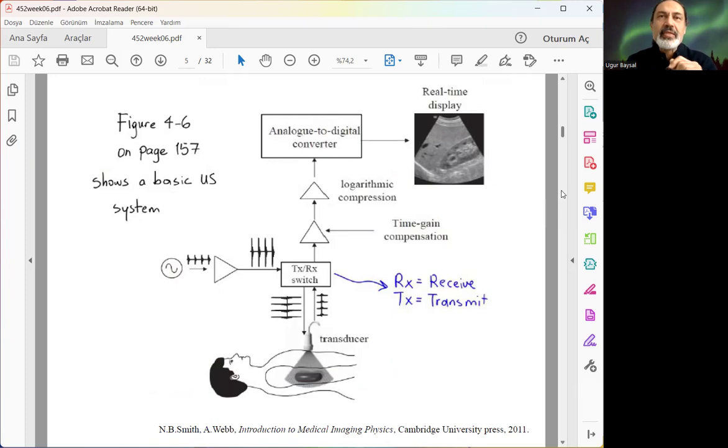If you look at the system's electronic components, you see the patient is at the bottom of this slide and the probe is touching the body. A special ultrasonic gel, to avoid air bubbles between the patient's skin and probe, is smeared on the probe for good acoustical signal transmission. And this ultrasonic signal is sent via pulses, okay?